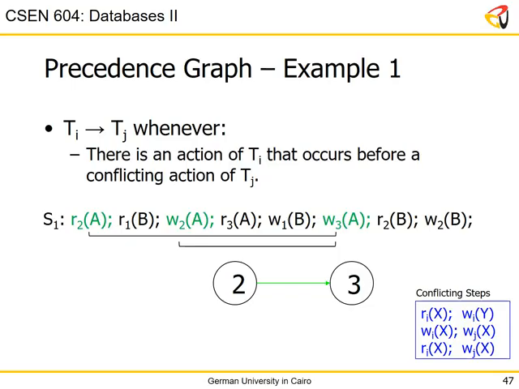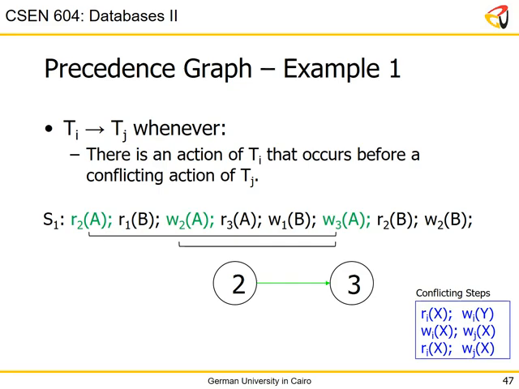Or in other words, we're talking about being equivalent, to be more accurate, to some serial schedule where 2 comes and then 3 is executed after it. This is conflict equivalent to one of those where 2 comes before 3.